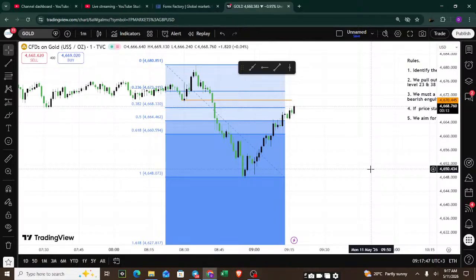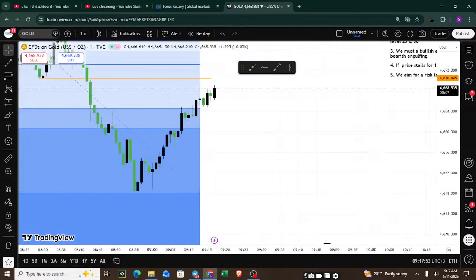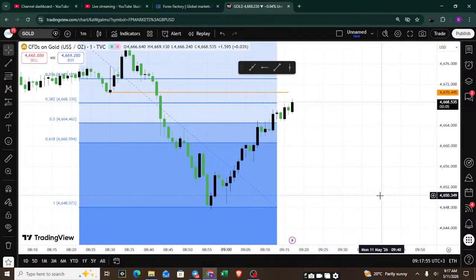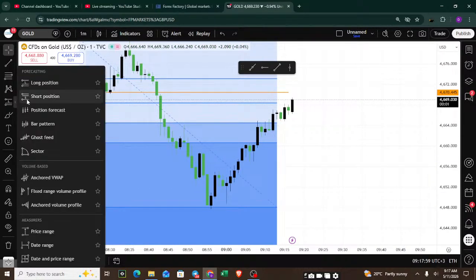So price is wicking inside our sweet spot level. All right.